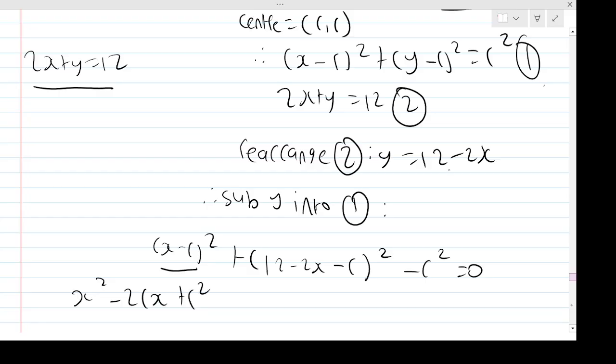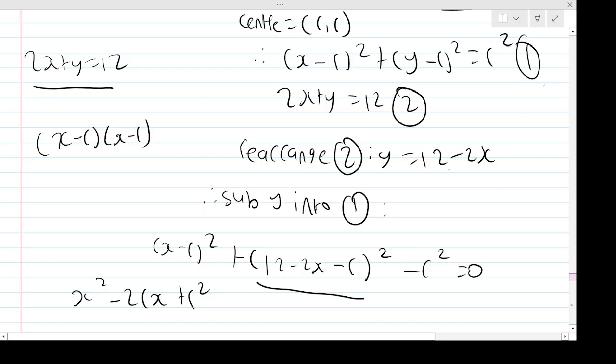If you're struggling with that, the algebra might be a bit weird, so do it step by step somewhere else on the paper, and then expand that step by step. Anyway, we get that at the end.